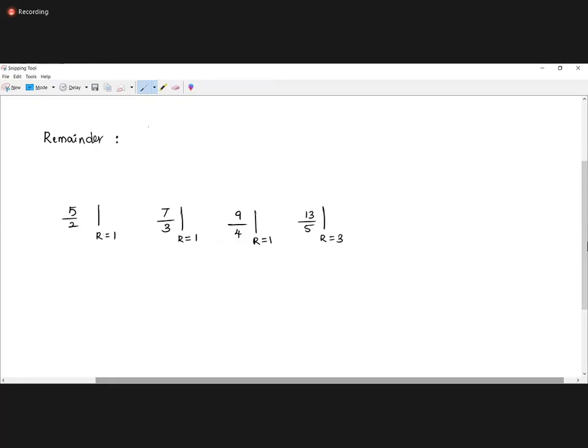So I'm defining it like this: the leftover part after dividing is called the remainder.